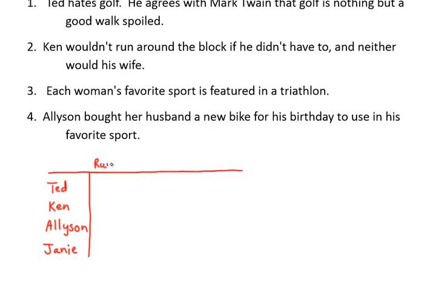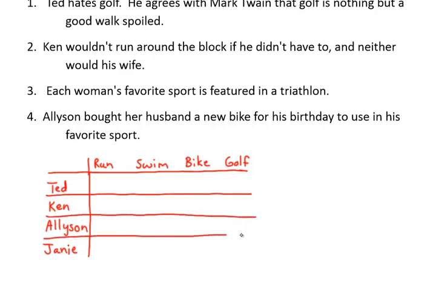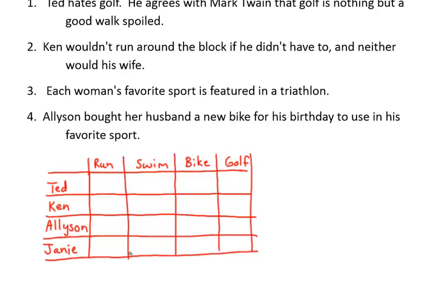So one likes to run, another one likes swimming, another one likes to bike, and another one likes to golf. So let me draw this table. And there's our table.